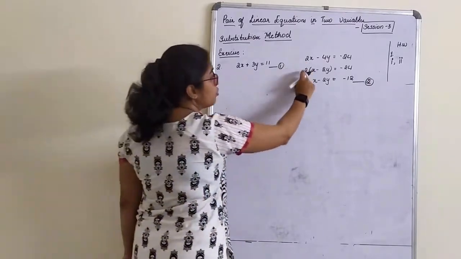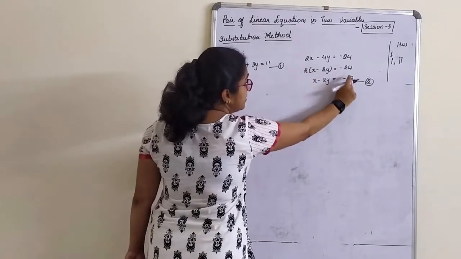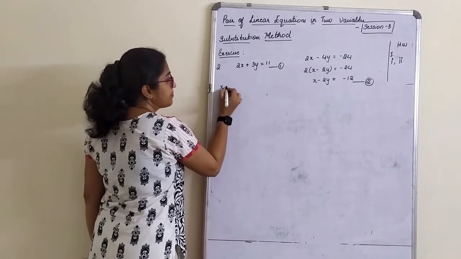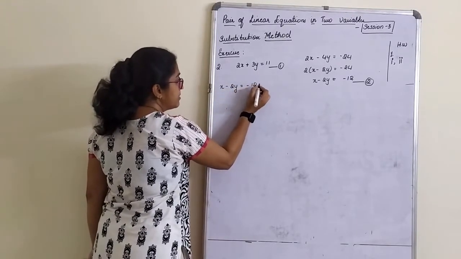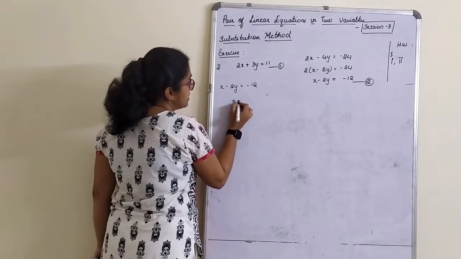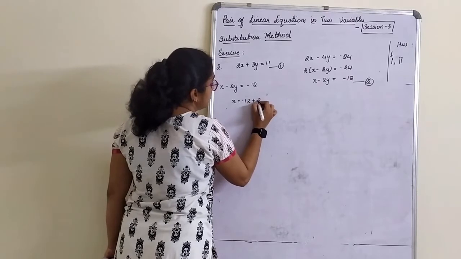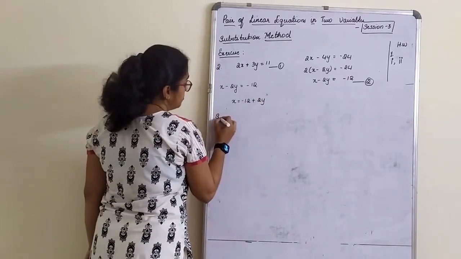So I just took 2 common here. Let us take this equation and solve. x minus 2y is equal to minus 12. So x is equal to minus 12 plus 2y. Okay. Substitute.